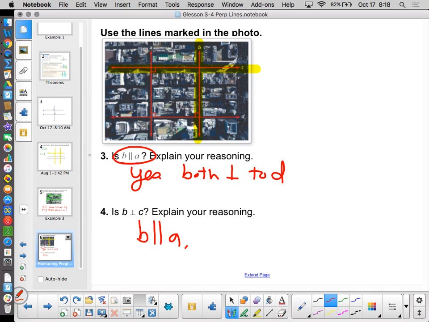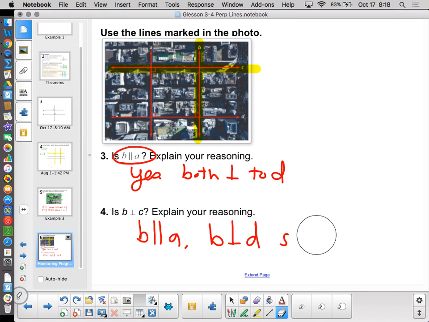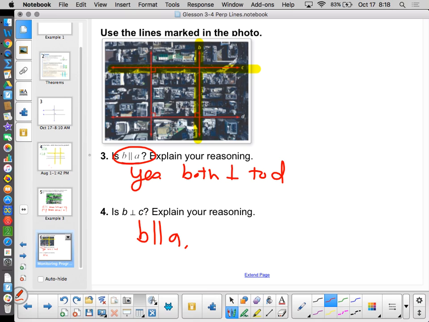And we know that B is perpendicular to D. So A, or B must be perpendicular to C. Sorry, I'm getting too many letters here.